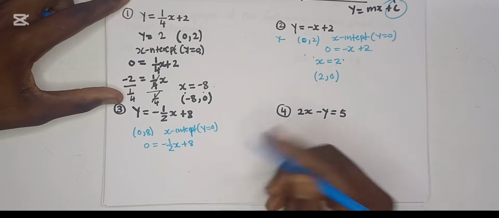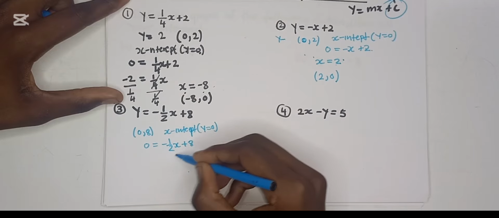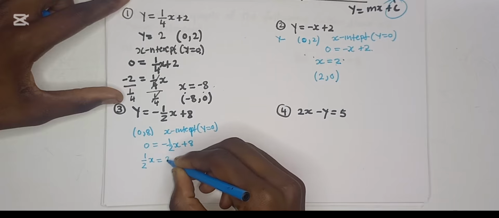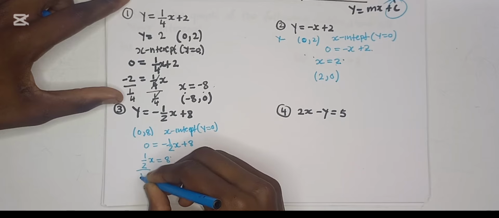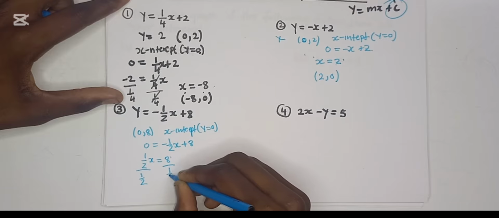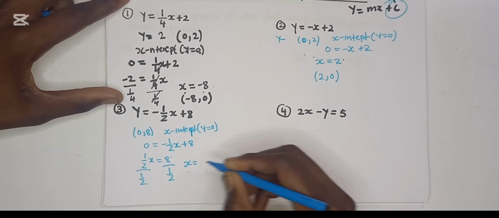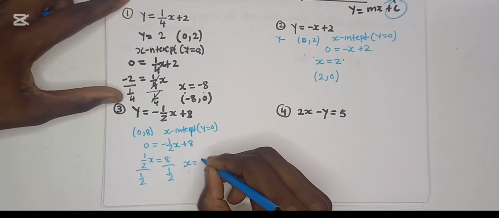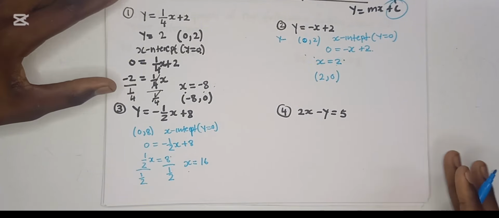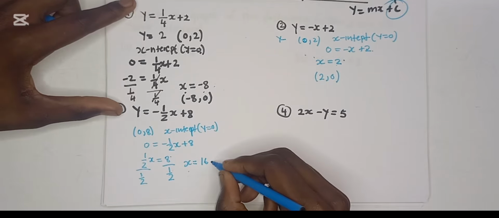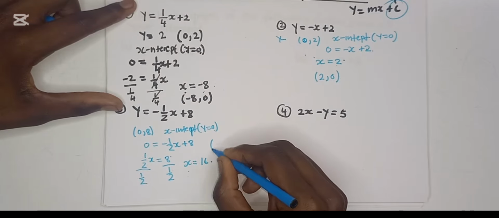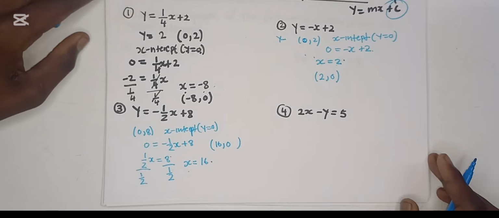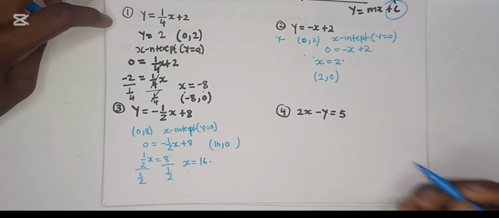What I like to do always is take this negative term to the other side, so it's 1 over 2 x equals 8. Then I divide both sides by 1 over 2, and our x value is going to give us 16. So this is not the x-intercept. The x-intercept is the coordinate they are looking for. It's 16 and 0.